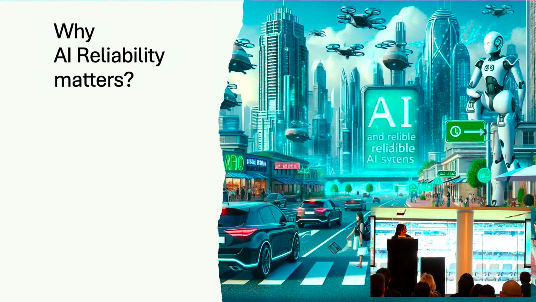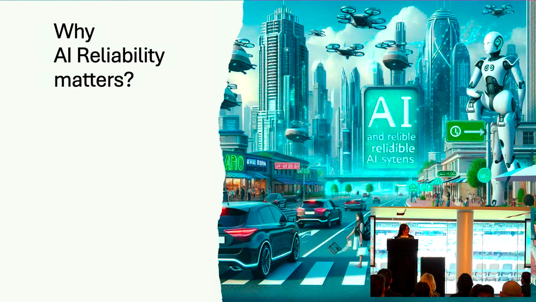As artificial intelligence plays a larger role in our daily lives, it is more important than ever that AI systems are built to provide a helpful, safe, and trustworthy experience for everyone. An unreliable AI system can lead to costly errors, jeopardize safety, and damage public trust in the technology.